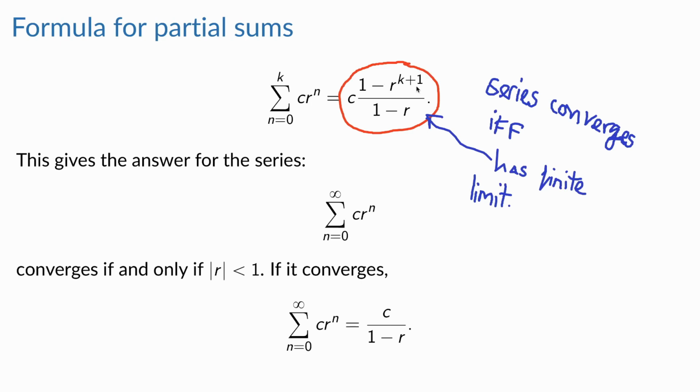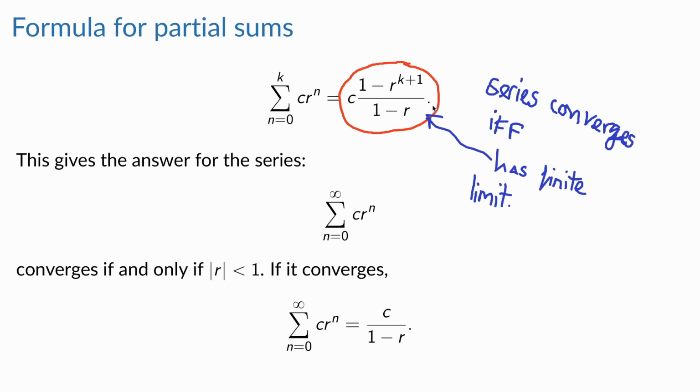So then there is a limit, and it's precisely c over 1 minus r. And if r is greater than 1, this thing blows up. If c is positive, it goes to plus infinity, and if c is negative, it goes to minus infinity. So if r is greater than 1, the limit is infinite.